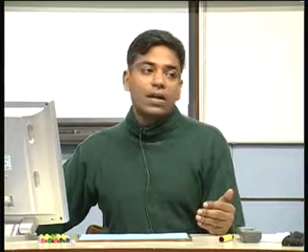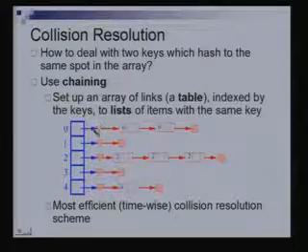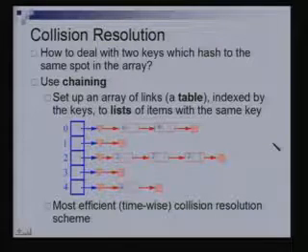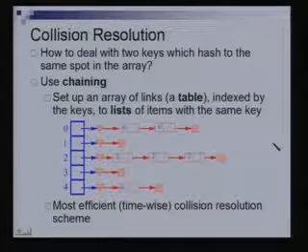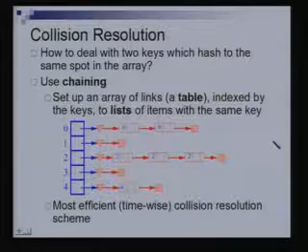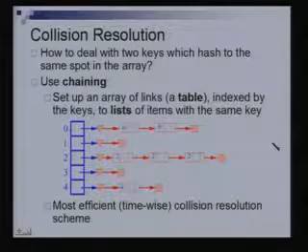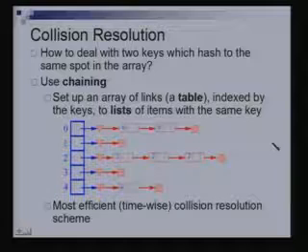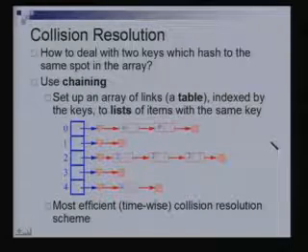In the worst case what might happen is that all the keys get mapped to one location in this hash table, and then your data structure reduces to a linked list data structure, which we know has a worst case time of order n for search and delete. Insert is still constant time.